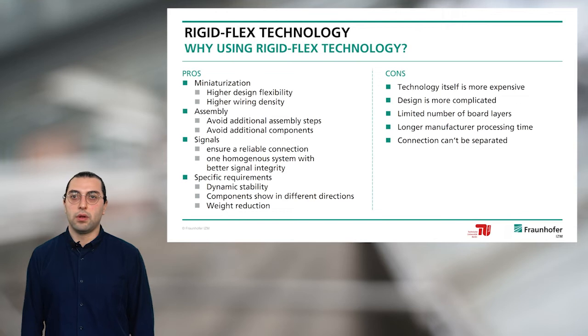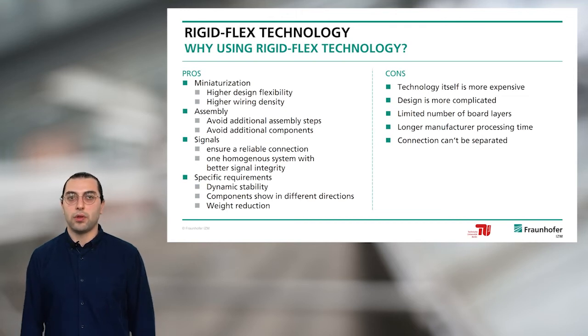Let's start on the left side. With rigid flex, we have a higher design flexibility, so we can use this higher design flexibility to reach a higher level of miniaturization. We have a higher wiring density because we don't have any connectors or cables to connect the PCBs.